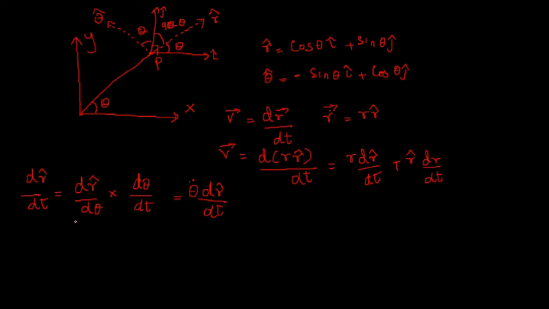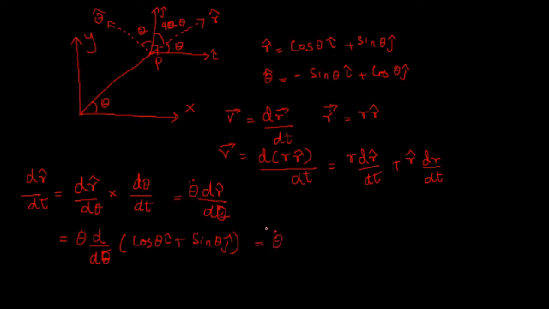So this would be theta dot into d by dt of, what is my r cap? It is cos theta i cap plus sin theta j cap. So I have to differentiate these terms. I'm sorry, over here it is not dt, it is d theta. We have to differentiate with respect to theta, not dt. So let me write it.